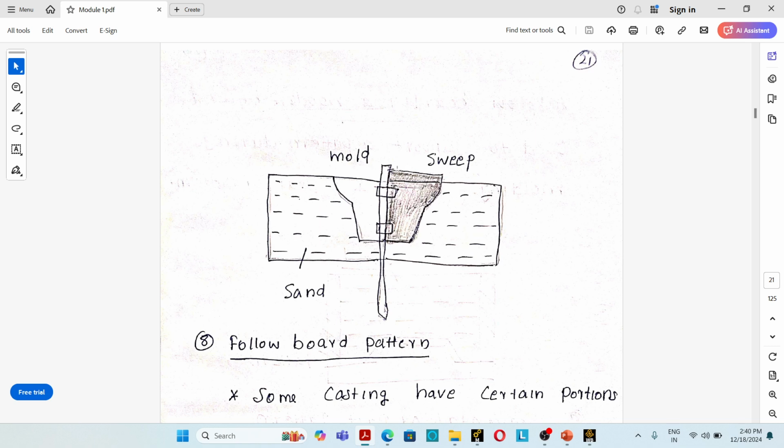This will be fixed in the sand casting mold, and after that the template will be rotated. When the template rotates continuously, sand will be swept or removed and the cavity will be formed. The mold cavity will gradually form. That's the concept of the sweep pattern. It is known as a sweep pattern because it sweeps the sand, removing the sand continuously, and the mold cavity is formed.